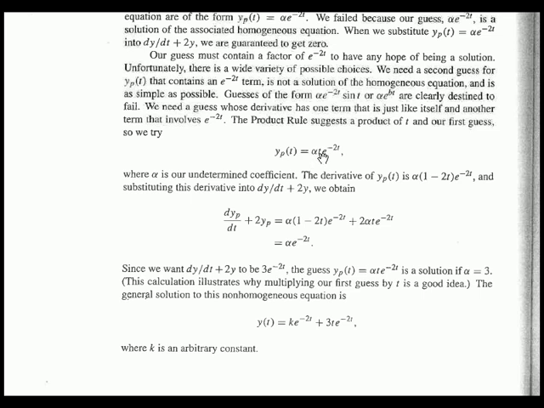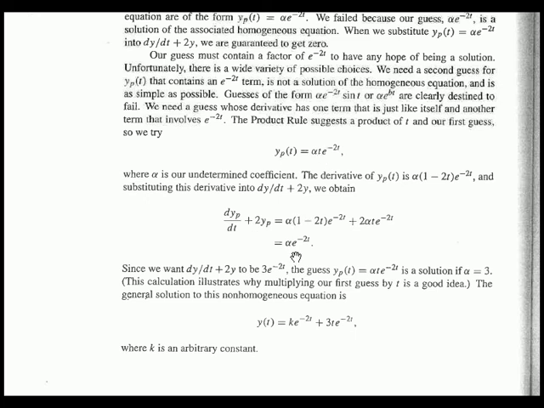In other words, if alpha e to the minus 2t did work, then you not only don't need to try alpha t e to the minus 2t, but it won't work. But so we multiply by t and try, instead of alpha e to the minus 2t, which is the solution of the homogeneous equation by bad luck, we try alpha t e to the minus 2t and plug that in, and you're going to have to use a product rule now, because two functions of t is a little more work.